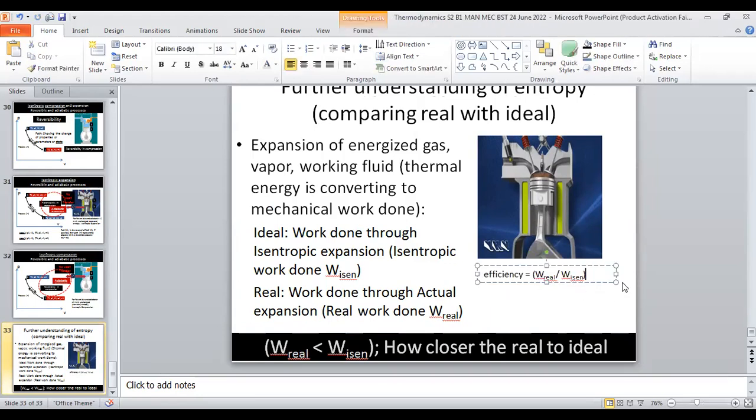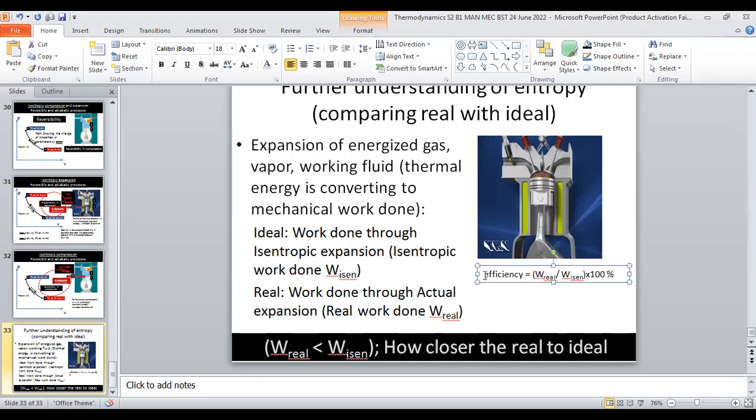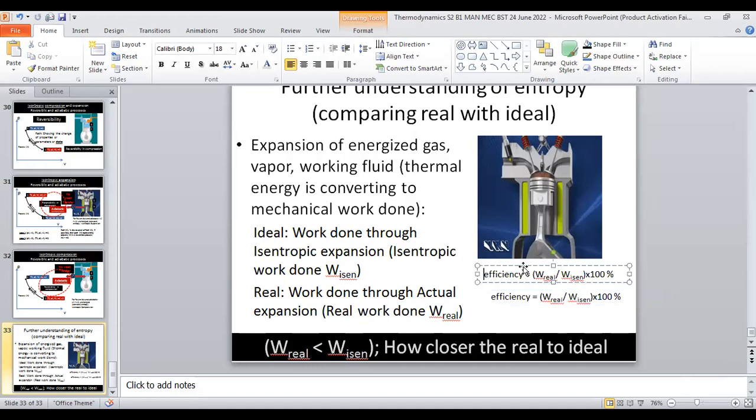Okay. And if you multiply this by 100, this is a percentage. We call this efficiency, with the special name isentropic efficiency.